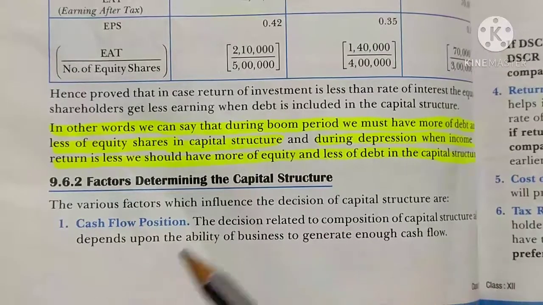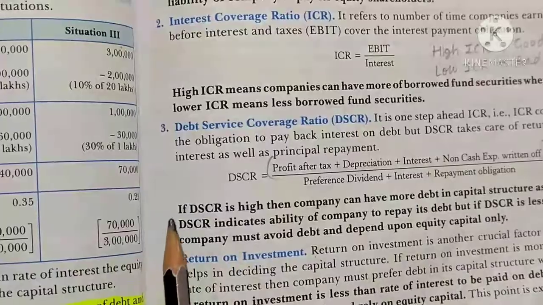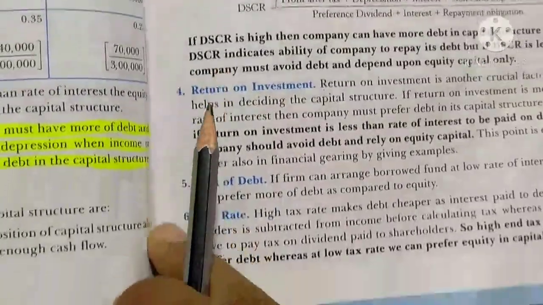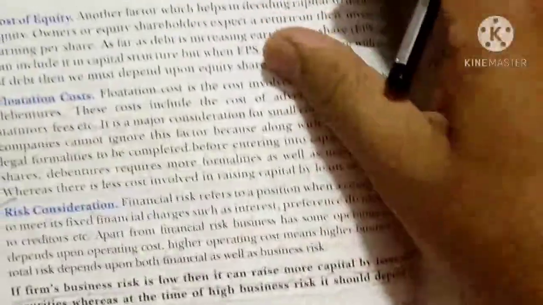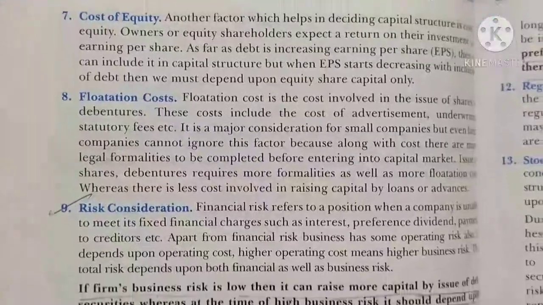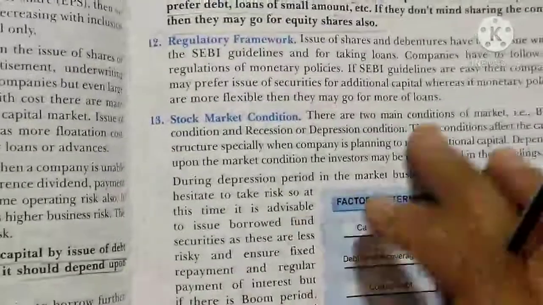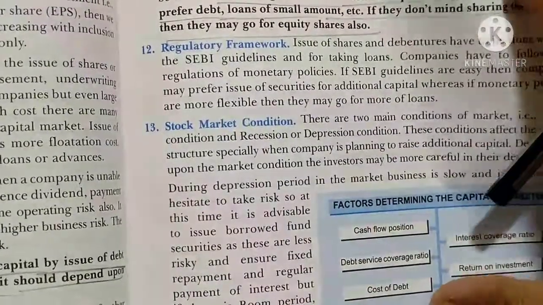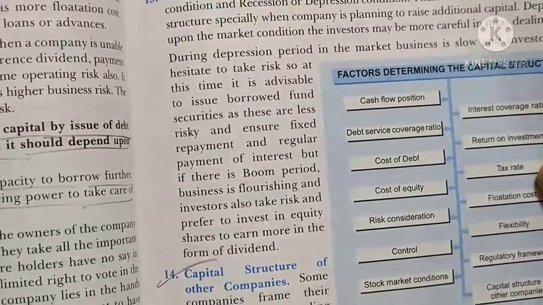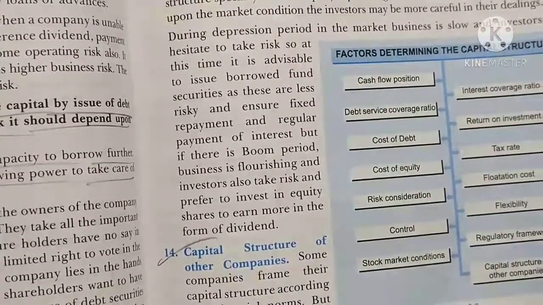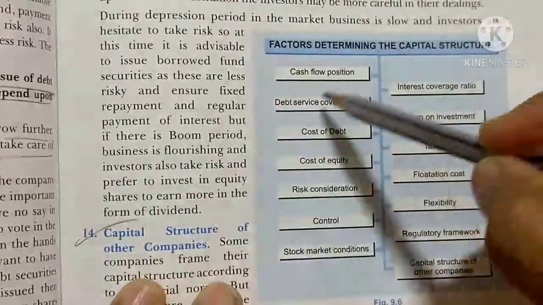Cash flow position, and then interest coverage ratio ICR, then DSCR, debt service coverage ratio, return on investment, cost of debt, tax rate, cost of equity, flotation cost, risk consideration, flexibility, control, regulatory framework, stock market conditions, and capital structure of other companies. So there are total 14 factors. How many? 14 factors are there.